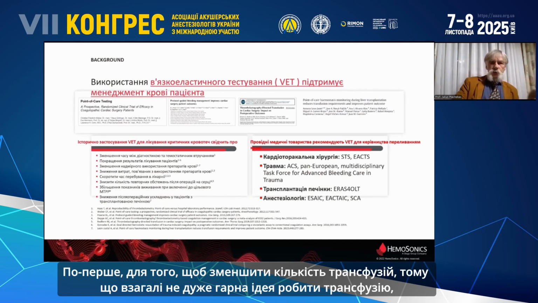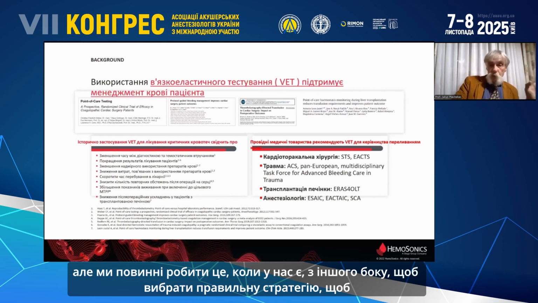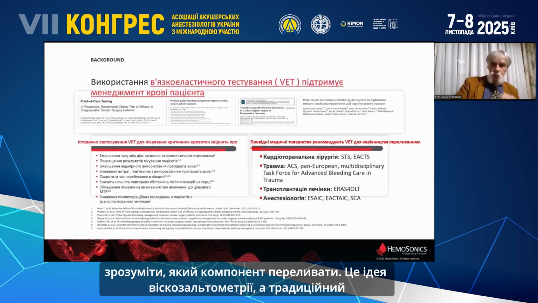First, in order to reduce transfusions, because it's not really a good idea to have transfusion in general, but we have to do it when we need it. On the other hand, to choose the right strategy, to understand which component to transfuse. This is the idea of viscoelastometry.